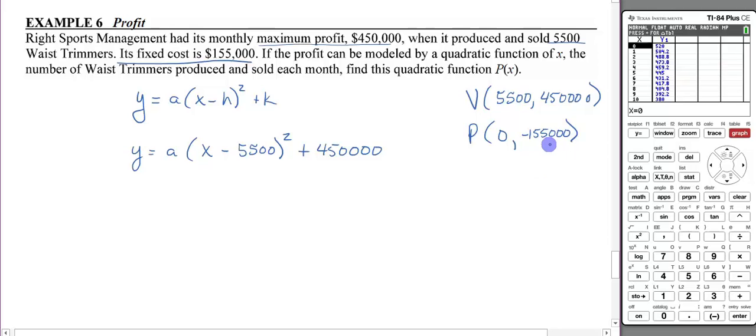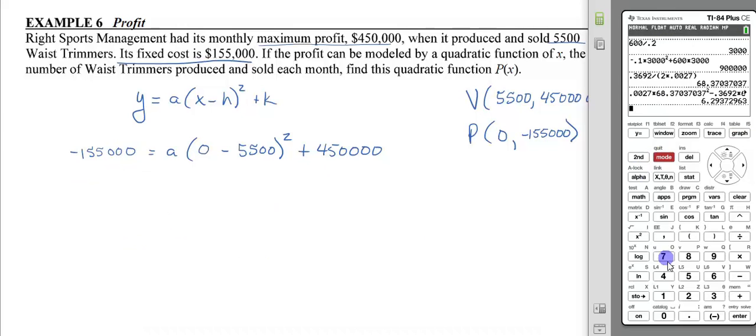You lost because that is a cost. So in terms of profit, it's a negative number. So this is an x y point that we can put into our function. We're going to replace the x here with 0. We're going to replace the y with a negative 155,000.